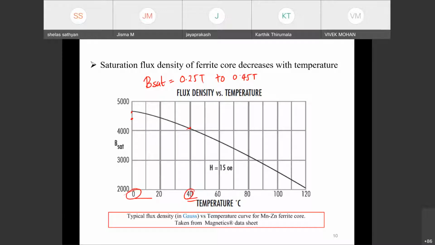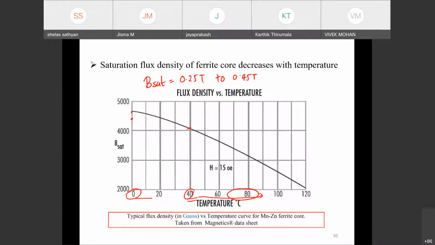the converter starts to work and current flows through the winding, it starts to heat up. As the temperature increases, if you don't have forced cooling, easily our temperature goes up to the range of 70 to 85 degrees Celsius.